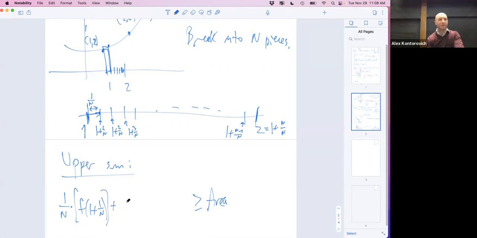How about our second rectangle? The width, again, is 1 over n. What's the height? f of 1 plus 2 over n, right? f of 1 plus 2 over n. And so on, until we get to the last one. Let me give myself a little room.